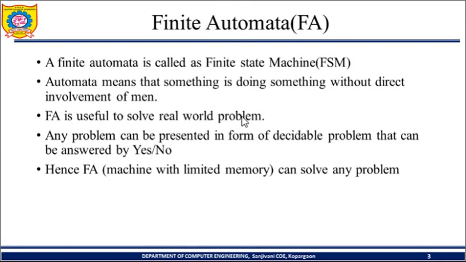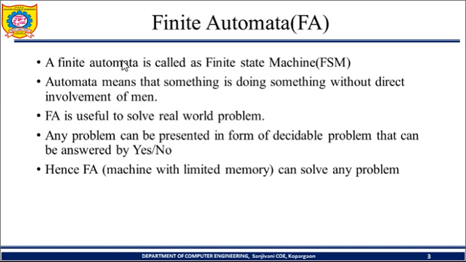Now, let us revise the definition of finite automata. A finite automata is also called a finite state machine. Generally, it shows the relation between input and output. Under this, there are two categories. One is the machine function.